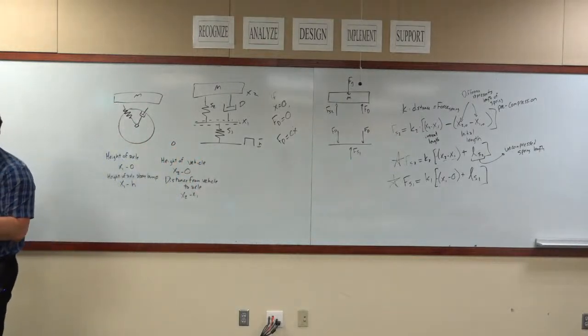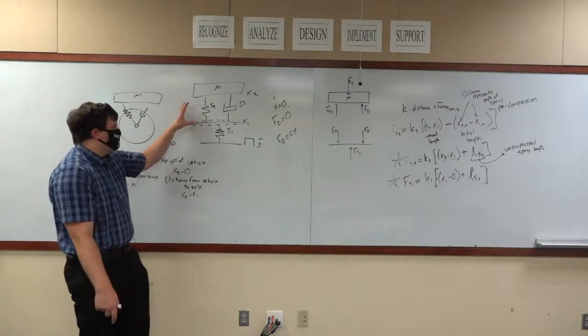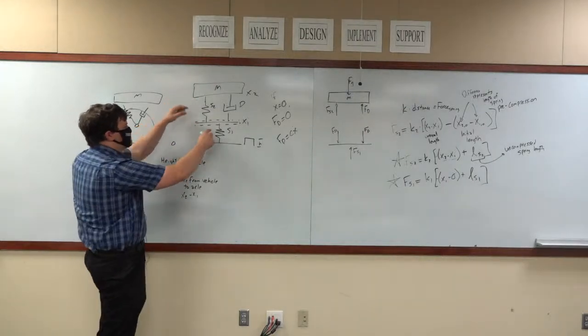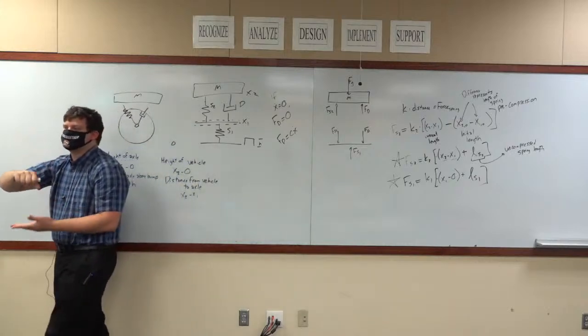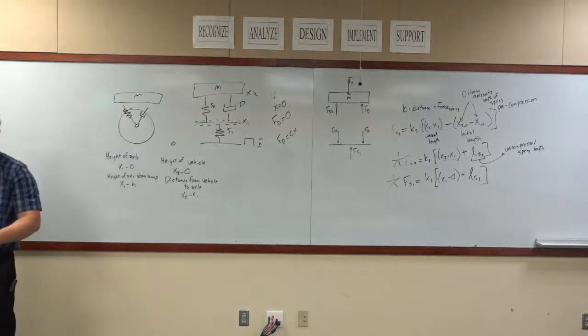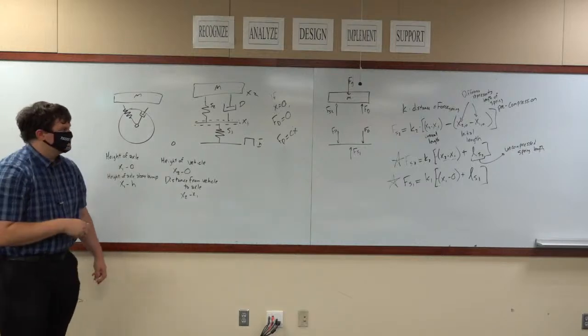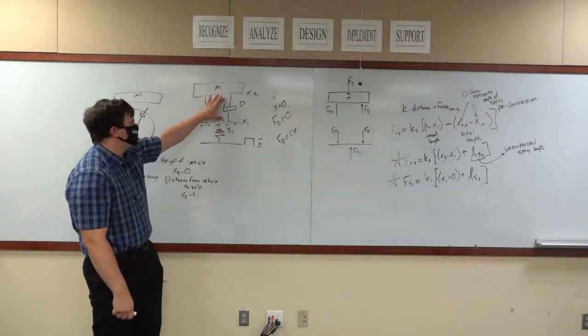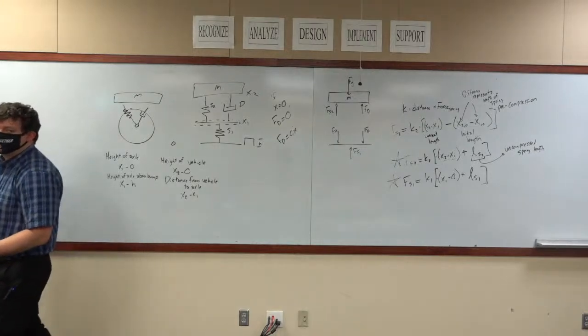But just because it's moving doesn't mean it's got some kind of force in it. The only thing that's going to create force is when the two ends of the damper have a different velocity, whether the damper is compressing or extending. Okay? If the two ends of the damper have a different velocity, then there's a force.